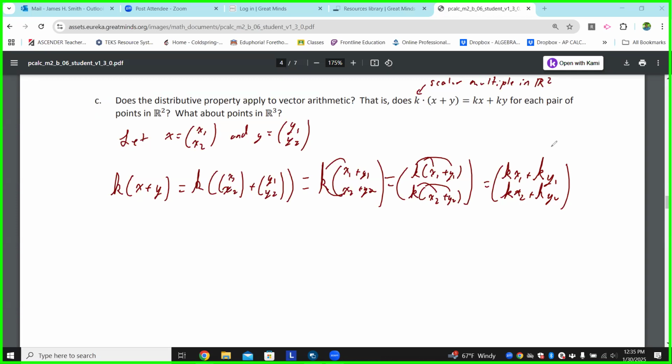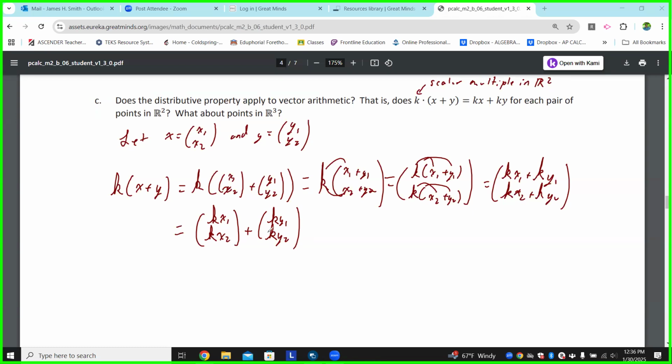Since I'm adding, and we know that addition is commutative and also associative, could I rewrite this as (kx1, kx2) plus (ky1, ky2)? Could I write it like this and have it be the same thing?